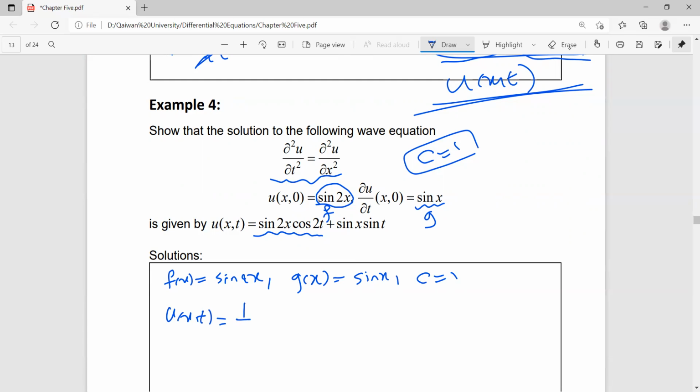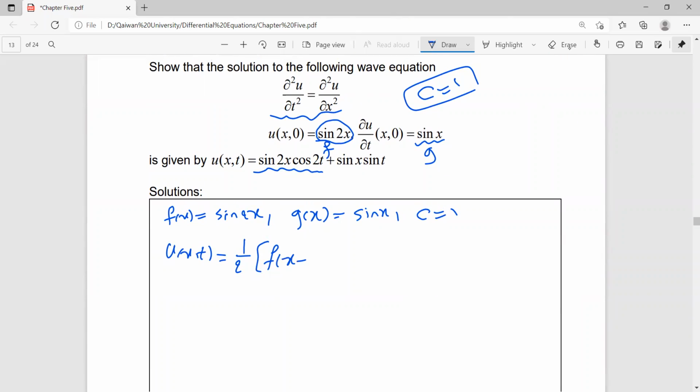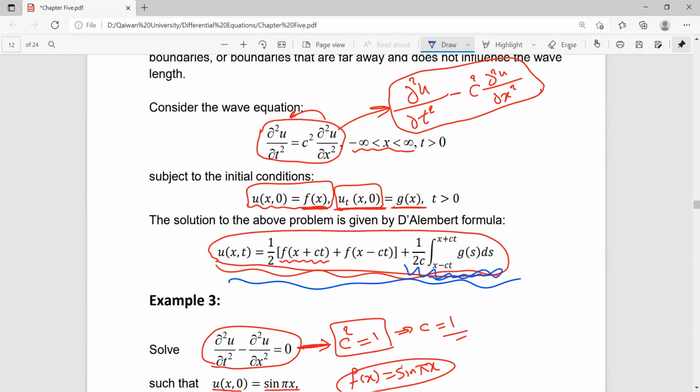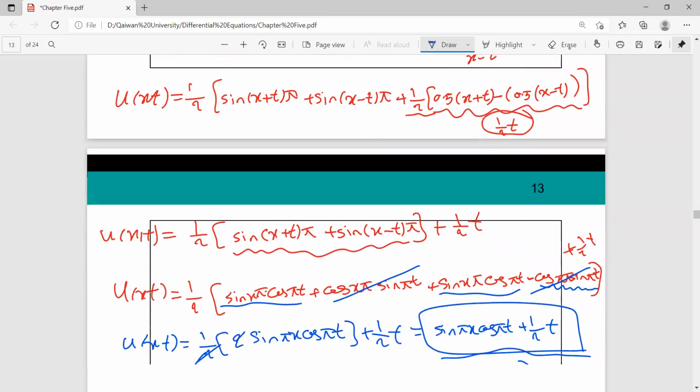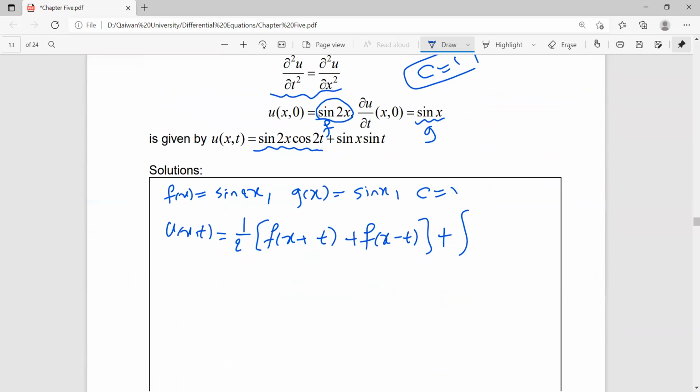We say u of x,t, you should know this formula. u of x,t equals 1 over 2 multiplying by f of x plus ct, where c is 1, that means f of x plus t, plus f of x minus ct, which is f of x minus t, plus the integration from x minus ct, which is x minus t since c is 1, to x plus ct, which is x plus t, for g of s ds.